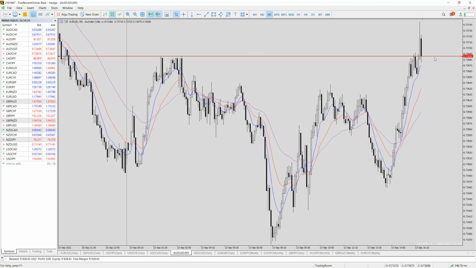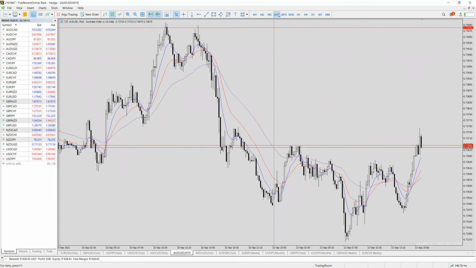What I would want to see for a breakout confirmation is at least 2 candles closing above this line, and then a retest. At the moment, it's still not closing above. Let's wait for a few more minutes, even on the 10-minute chart, and see if it manages to close above this resistance line. If it closes above, then perhaps we'll go long, but I want to see a clear confirmation. At the moment, still not confirmed.